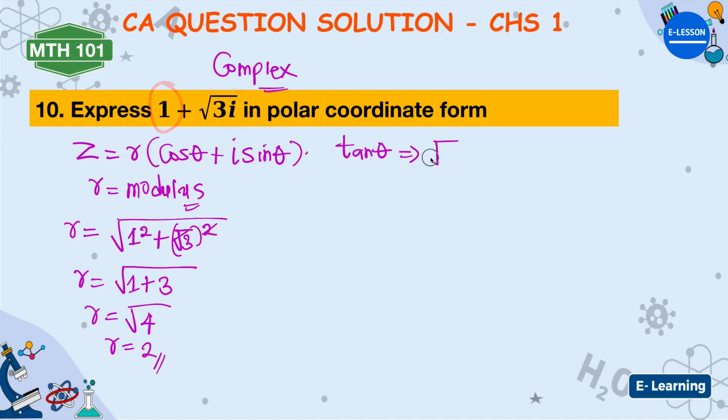So this will give us root 3 divided by 1, because it's usually the imaginary part without the i all over the real part. So my dear student, tan theta will be root 3 over 1. This is the same as what? Root 3. So to get theta, of course, theta will be the tan inverse of root 3. So press that in your calculator and see what that will give to us.